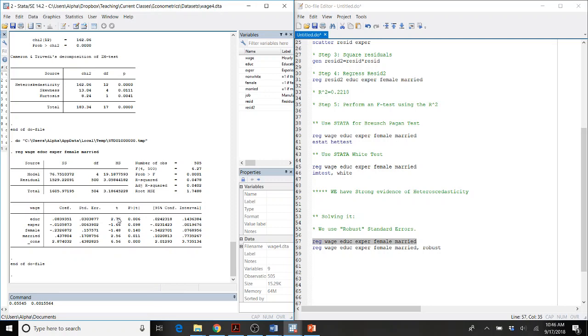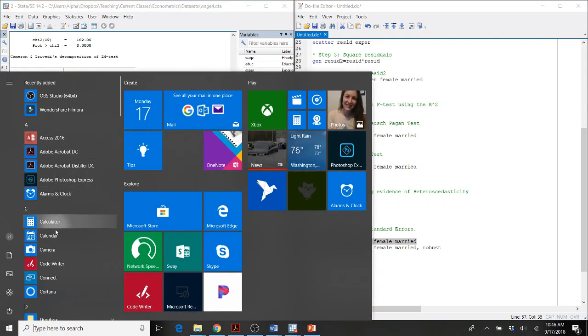Remember, let's just review. Every time we've run a regression, we test the null hypothesis that the coefficient is actually equal to 0. And the way that we test that is using a t-test and a t-statistic. We calculate the t-statistic. Let me get my calculator out again.